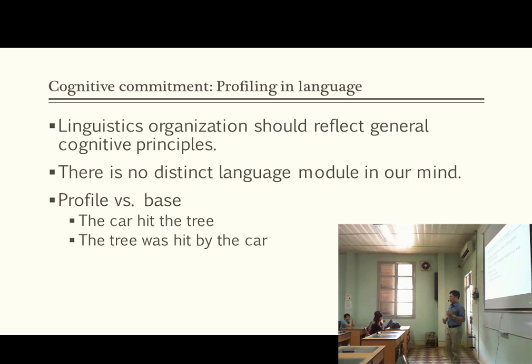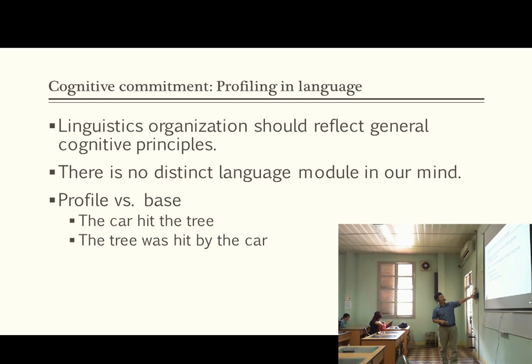When you transform this sentence into passive voice, the meaning is actually different because now there is a change in attention focus. When you say the tree was hit by the car, the tree gets the attention focus, while the car becomes the background. After the lecture, we will have a practice activity in which you need to identify the profile and the base, the figure and the ground.